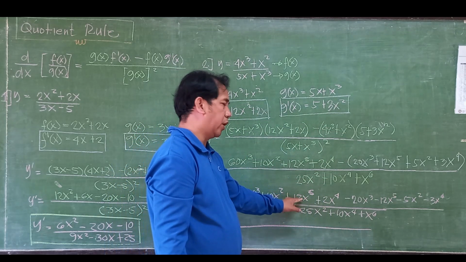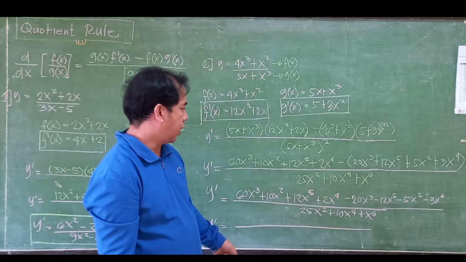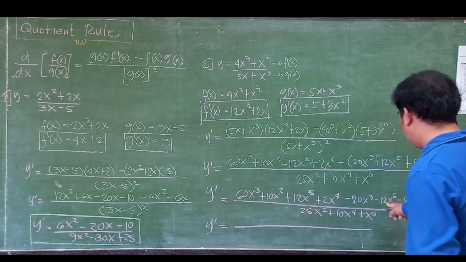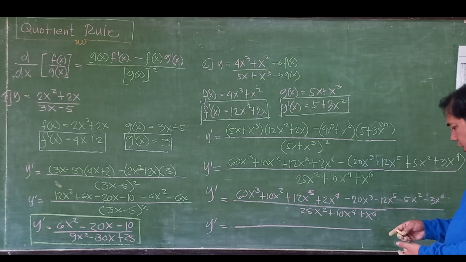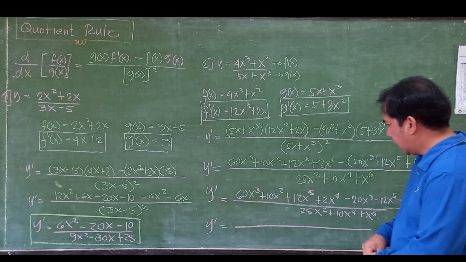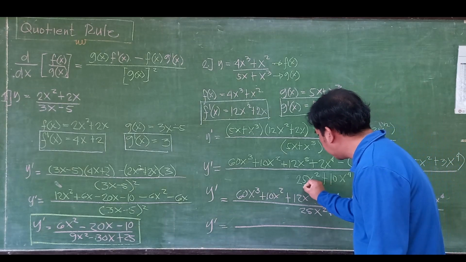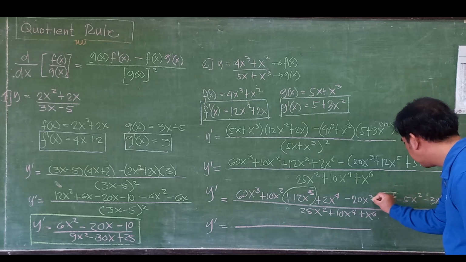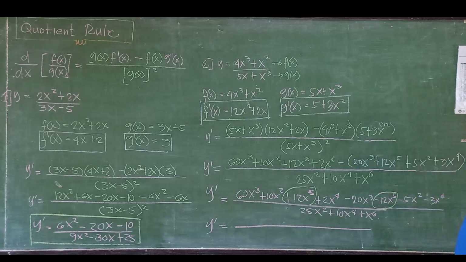Or this one first, the one that is raised to 5. 12x raised to 5 is with this one, okay? So this is 0. So it has a companion which is negative. So this one must be 0.